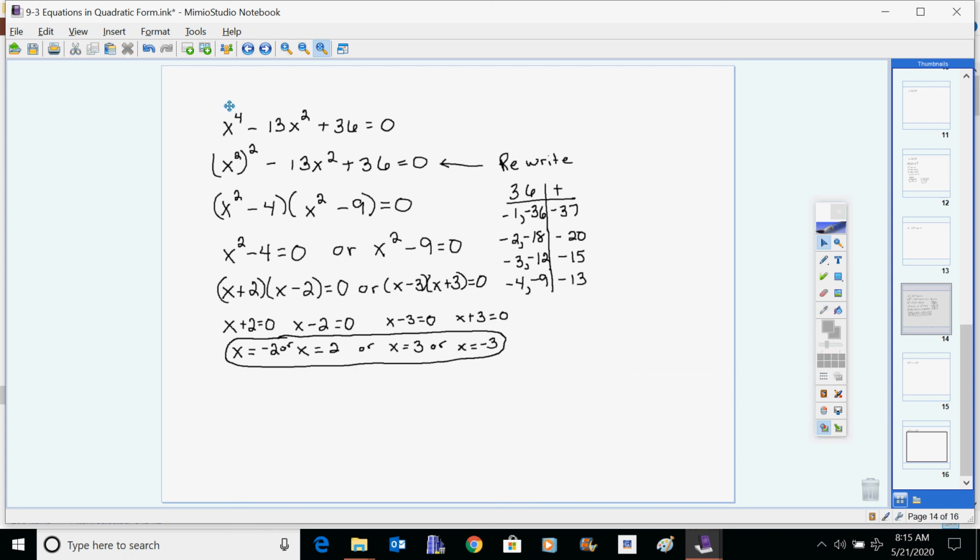Now, interestingly enough, algebra tells us that if we have an exponent of 4, we're expecting 4 answers. Those answers can be real or they can be imaginary or various different things. So sometimes they don't all come out, but really 4 answers is what you're ultimately looking for if you have an exponent of 4.